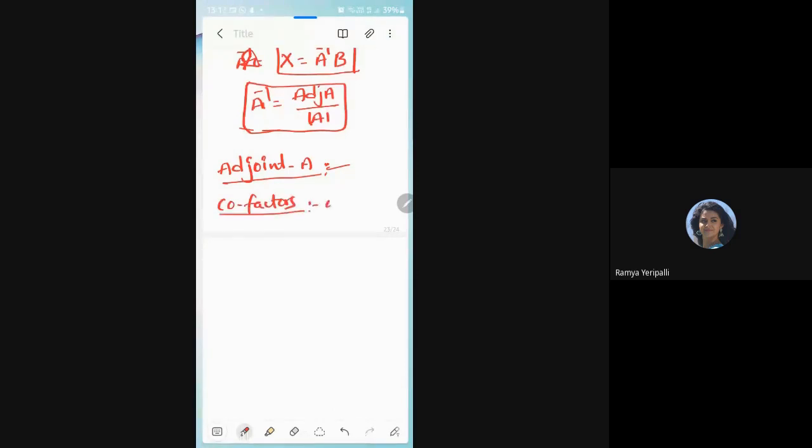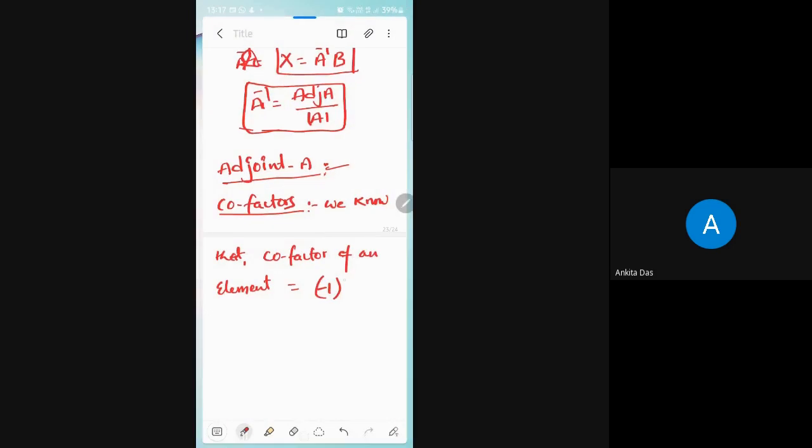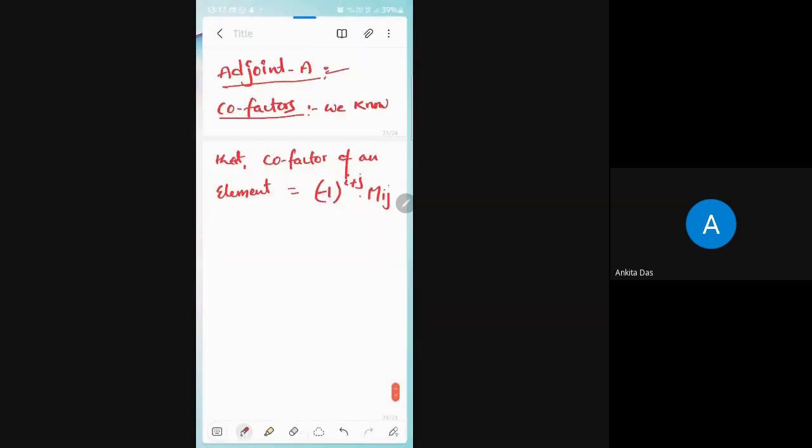Now we know that the cofactor of an element is calculated by minus 1 to the power of i plus j into the minor. I will explain how to get this, don't worry.